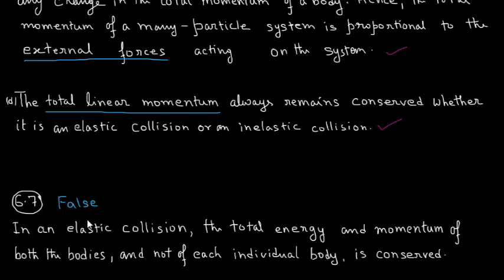So the answer is false. Why? Because in an elastic collision, the total energy and momentum of both bodies, and not of each individual body, is conserved. Let us see the next question.